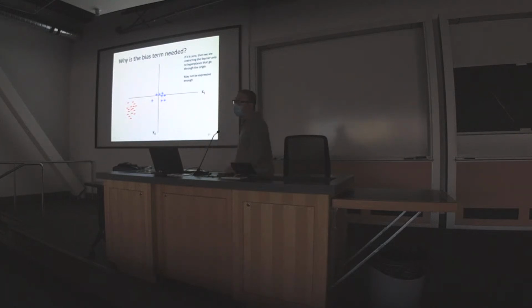Whatever W you choose. Only when you have a bias term, you can move the boundary downward a little bit so that you can perfectly separate the positive and negative examples. So that's the usage of the bias term. So don't think it's annoying. It's useful. It actually increases the flexibility.